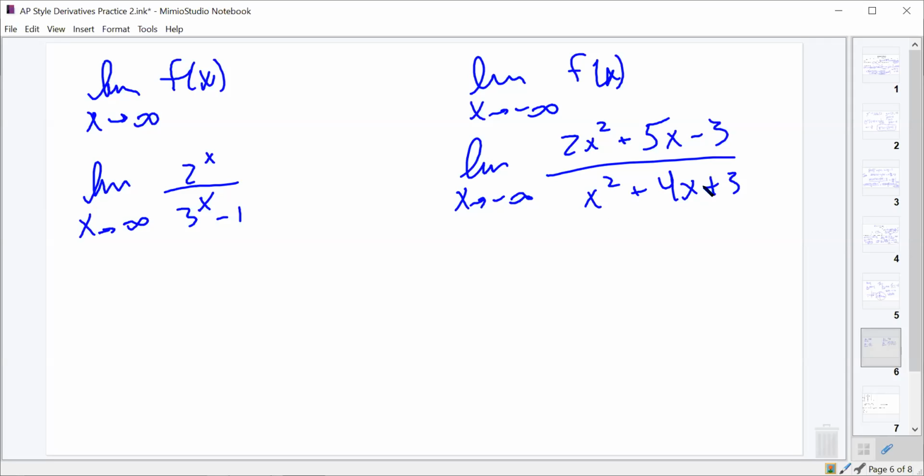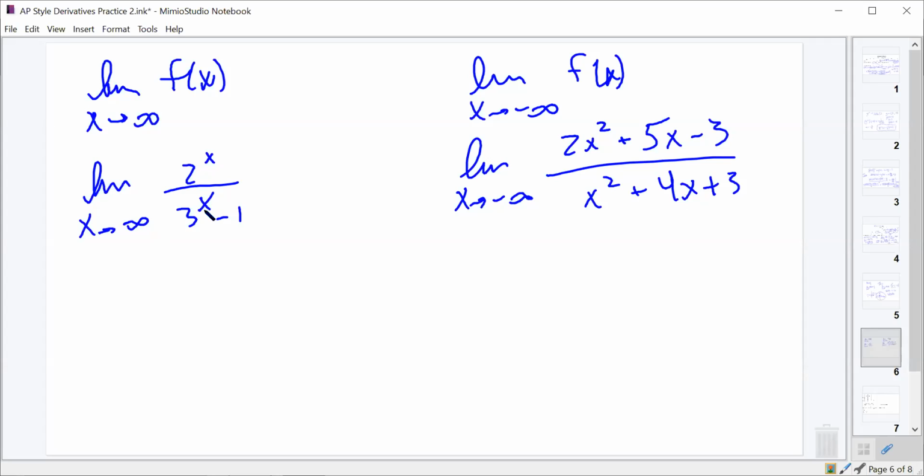All right, so what about the one towards infinity? If I plug in infinity to both of these, what do I get? I get infinity over infinity, right? What about that minus 1? That minus 1 is pretty insignificant, isn't it?